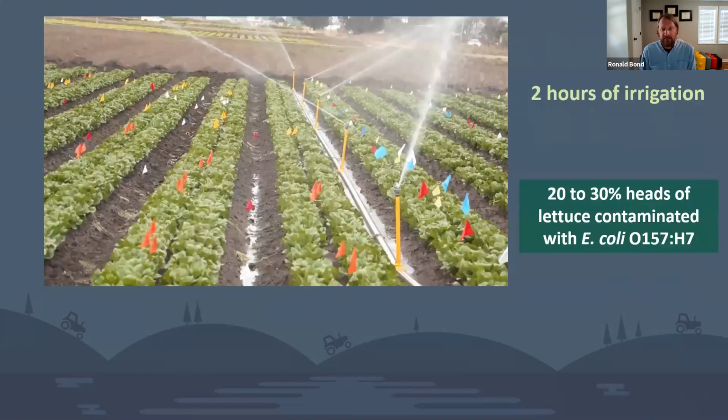We did an experiment, and Dr. Harris did a similar experiment, where, not to badmouth Tootsie Rolls, we took a Tootsie Roll size fecal roll, and we spiked in E. coli O157, and then we let irrigation occur over 2 hours.